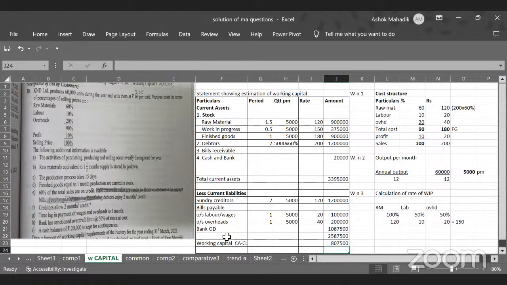Now first I'll go to vertical statements, students. Now you tell me, should I start with balance sheet or income statement? Anything is fine with me.